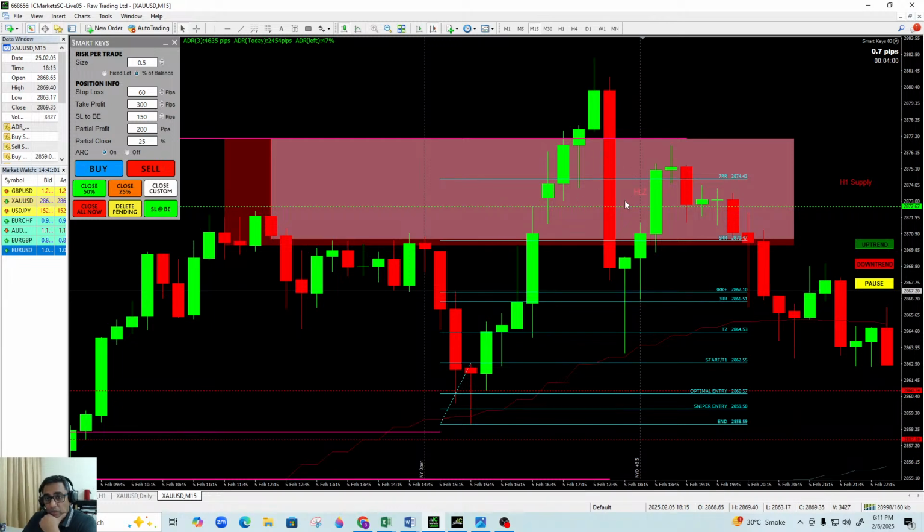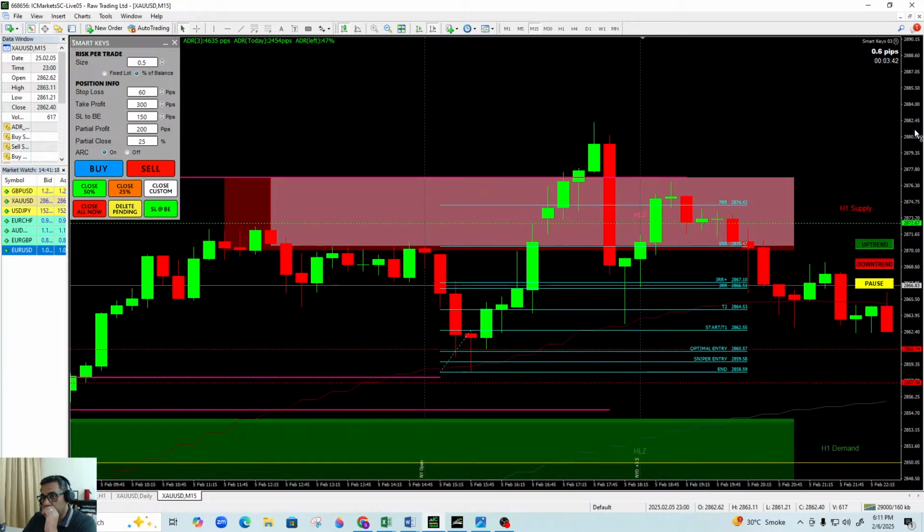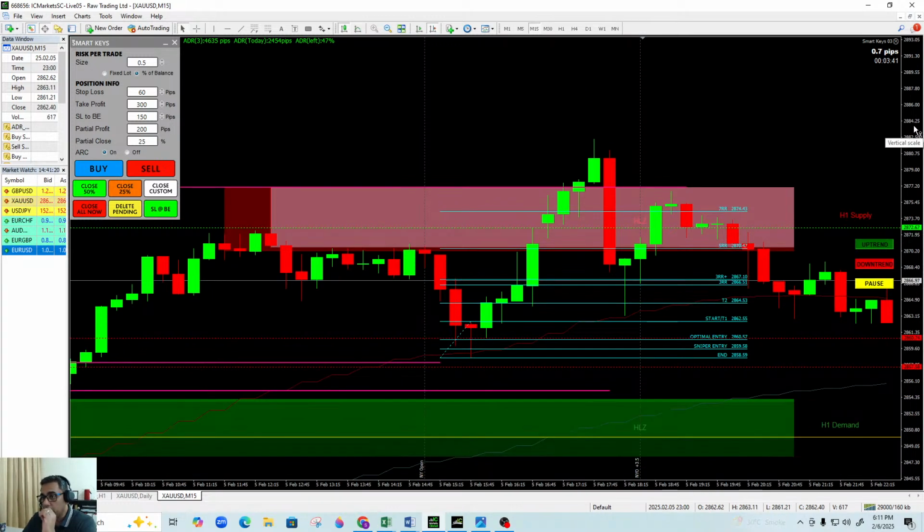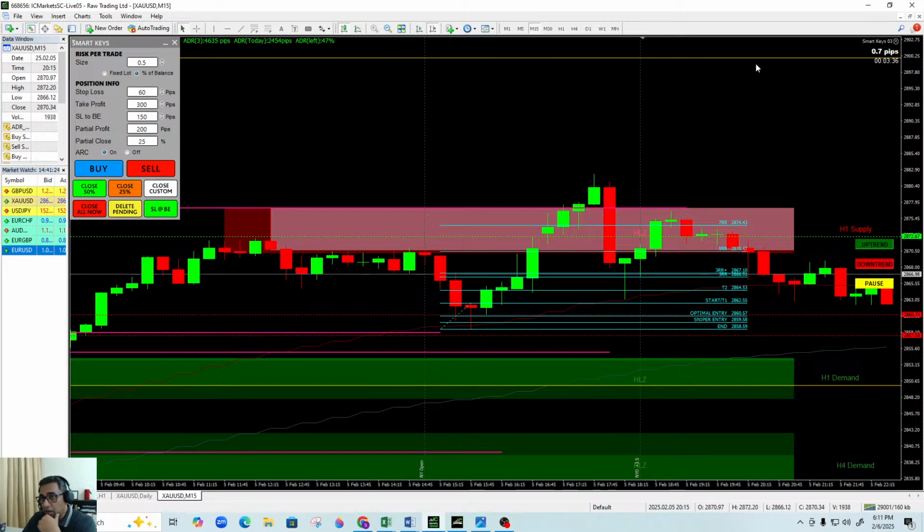Then what price did is price closed outside the zone and immediately closed back inside. The retail traders call this a fake out. Basically, in terms of orders, this is what it means: the liquidity for price to move up to the next liquidity level of 2900 wasn't enough.